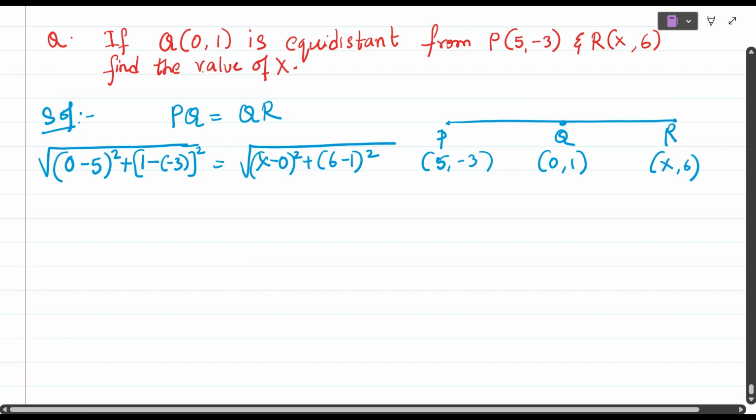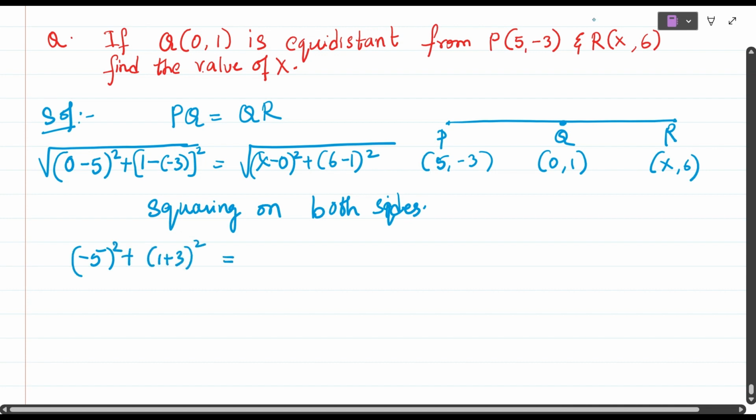Understood, students? Now, in order to avoid square roots, just square on both sides. So squaring on both sides, the square root will be cancelled out. 0 minus 5 is minus 5 whole square plus 1 plus 3, since minus of minus 3 gives 1 plus 3 whole square, is equal to x minus 0 is x square plus 6 minus 1 is 5 square.